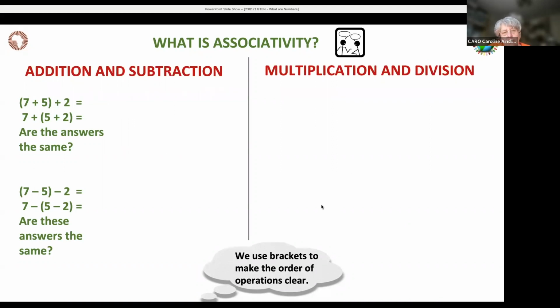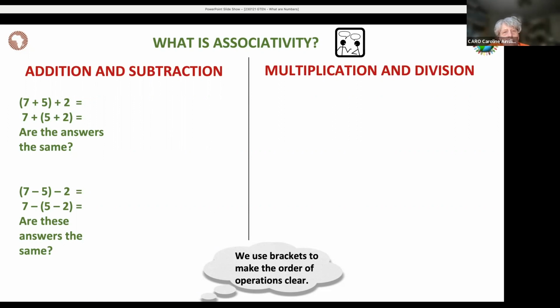Are they the same for subtraction? Thumbs up if they're the same, thumbs down if they are not the same. Again, it takes time for these thumbs up and thumbs down to come through.